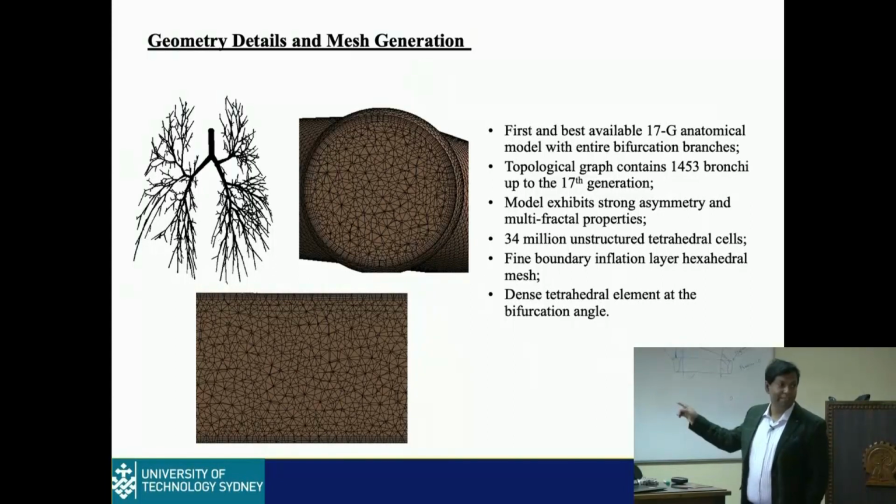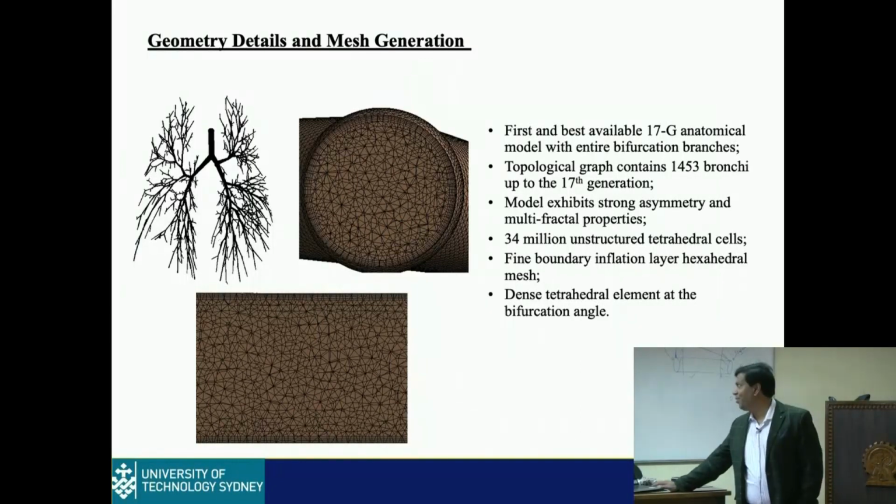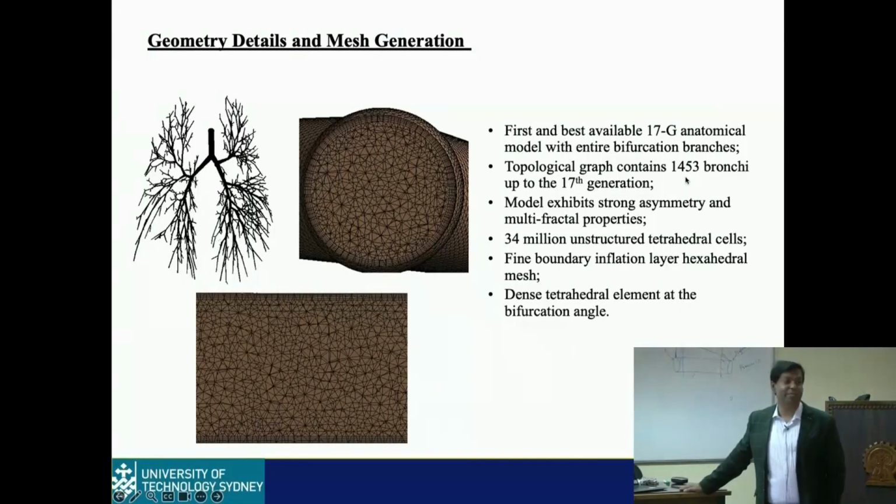Then why do you have less? Because it is not possible to get all the paths. So some of these may be only 15, some of these may be 13, okay? But up to 17 we have only 1453 bronchi, the last ones.